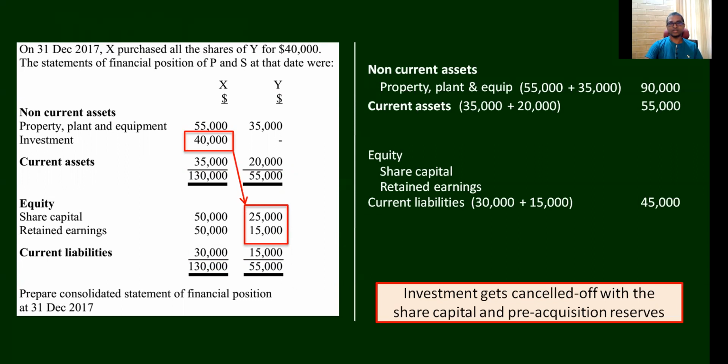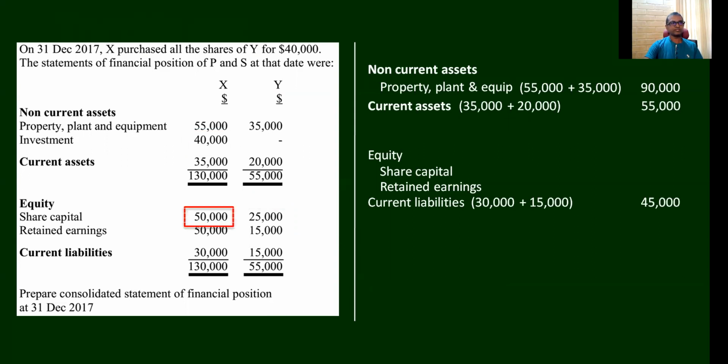Pre-acquisition reserves, that is very important. Not just retained earnings or not just reserves, pre-acquisition reserves. Later we'll come across something called post-acquisition reserves also, that I explained in the fundamentals video. When post-acquisition reserves are there, the treatment is somewhat different. We'll see. So share capital is only parent company share capital, as I explained here. This 50,000, always it is parent company share capital only.